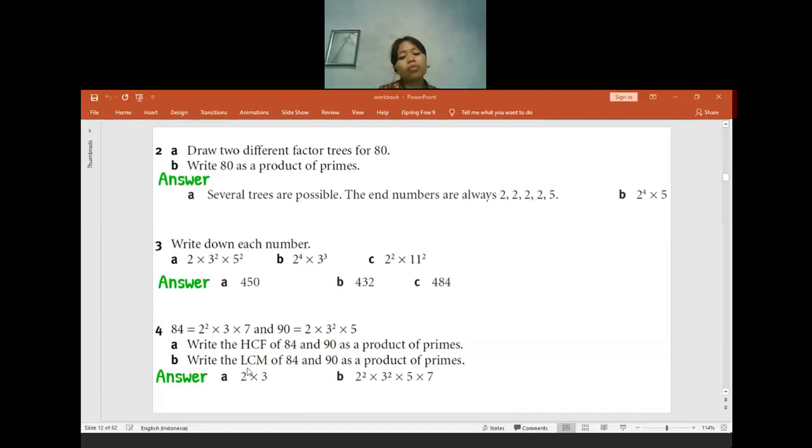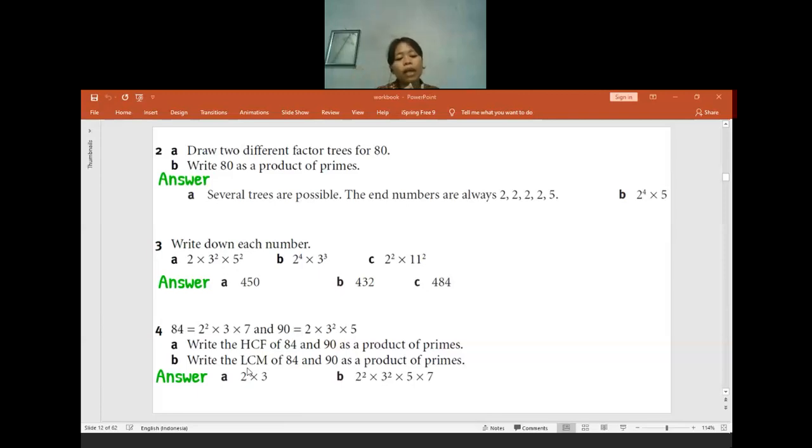For the LCM, you have to take all the types of numbers with the highest power. The types of numbers here are 2, 3, 5, and 7. There are 4 types of numbers. For the number 2, there are 2 to the power of 2 and 2. I take the highest, so I will take 2 to the power of 2. And then I have 3 to the power of 2 and 3. I need to take the highest, so I will take 3 to the power of 2.